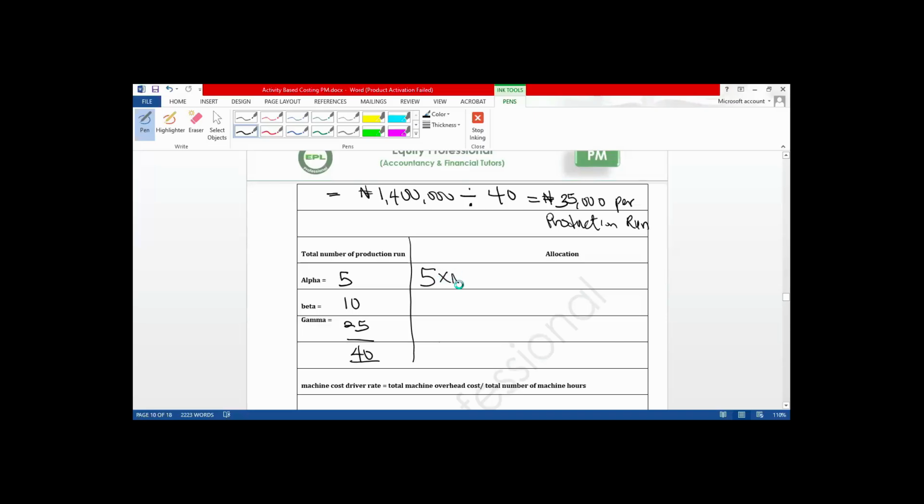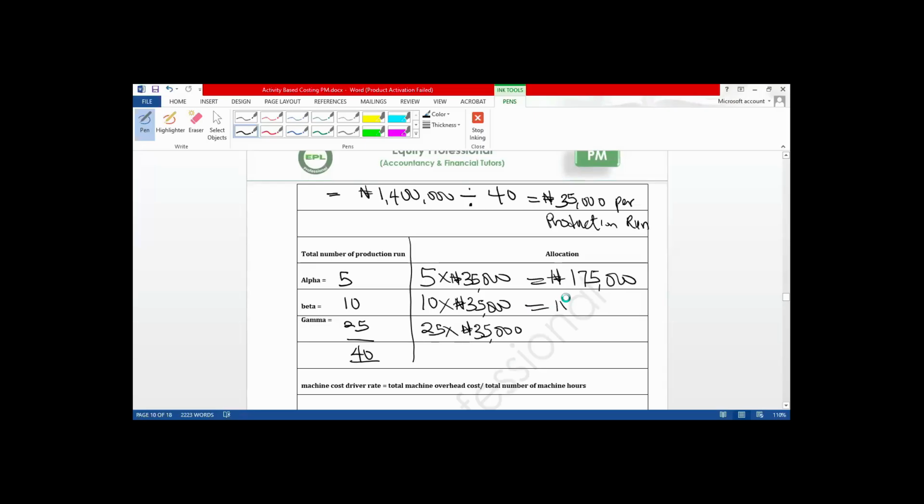Here multiplied by 35,000. Here I have 10 production run. Multiplied by 35,000. Here I have 25 production run. Multiplied by 35,000. Please multiply. This will give you 175,000.